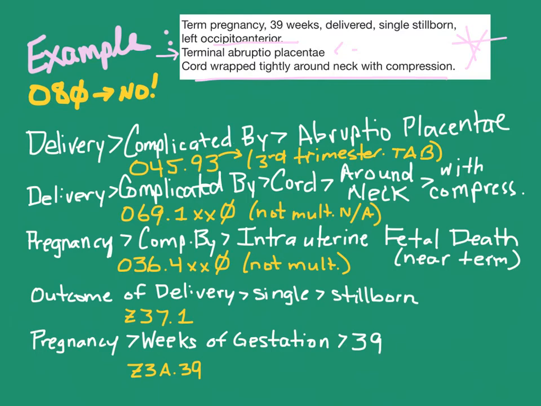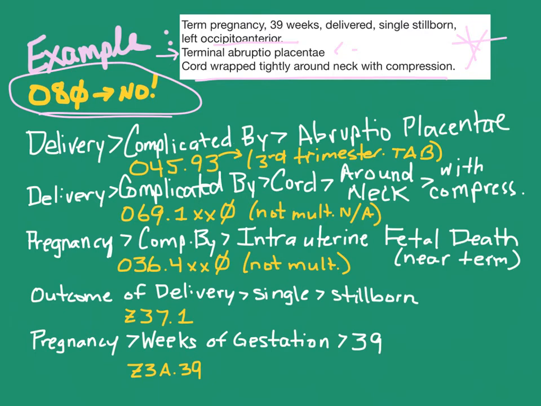And then we have cord wrapped tightly around neck with compression. So right off the bat, we can tell this is not going to be a normal 080 delivery, right? We've got lots of things happening here. This is not a simple, normal, uncomplicated delivery. We have a stillborn. We have some complications.